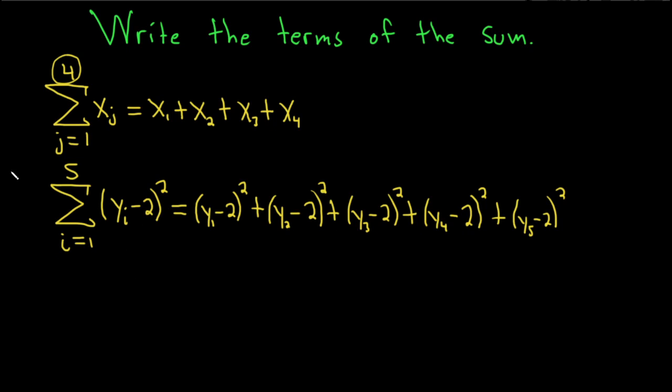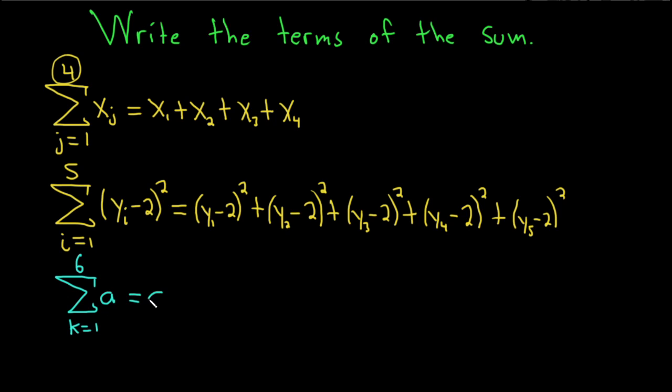Let's go ahead and do another one. How about something like this? This is a little more interesting. Let's use the letter k, and let's go to 6, and this time we just have a. So there's no k here. It's just a constant. So let's think about that. If you plug in 1, well, there's nothing to plug it into, but you still have to write something down.